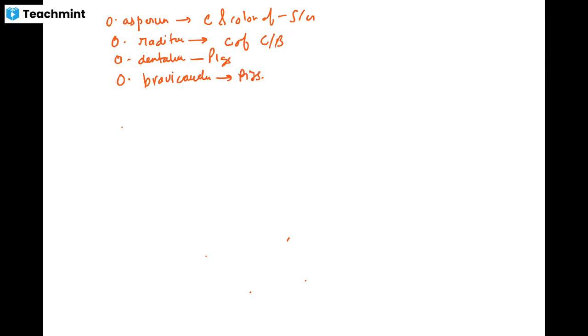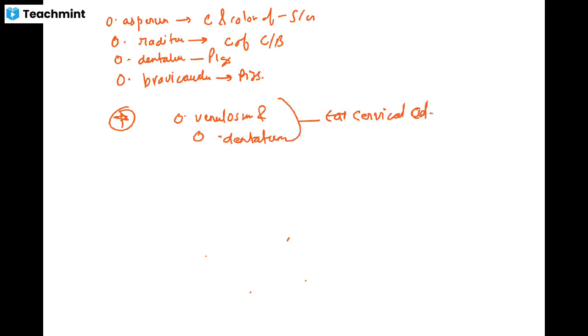Now here you have to remember two points: Oesophagostomum venulosum and Oesophagostomum dentatum do not have cervical alae. What are cervical alae? I told you earlier that they are cuticular modifications.